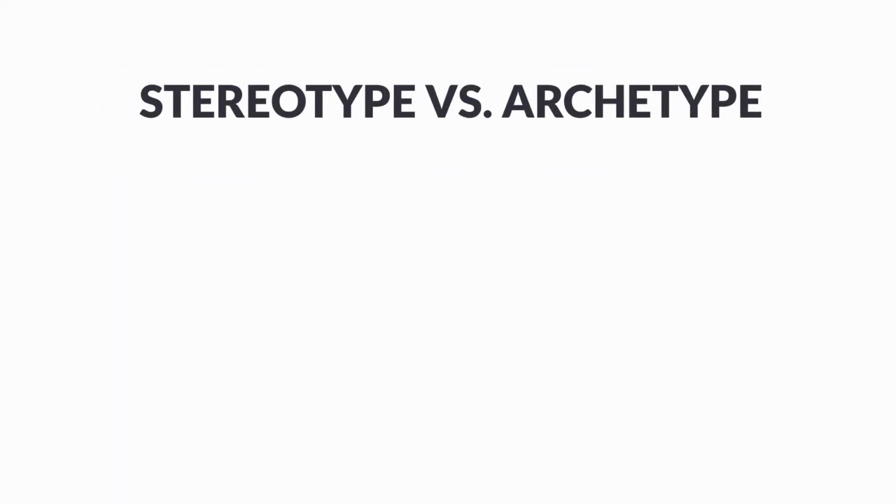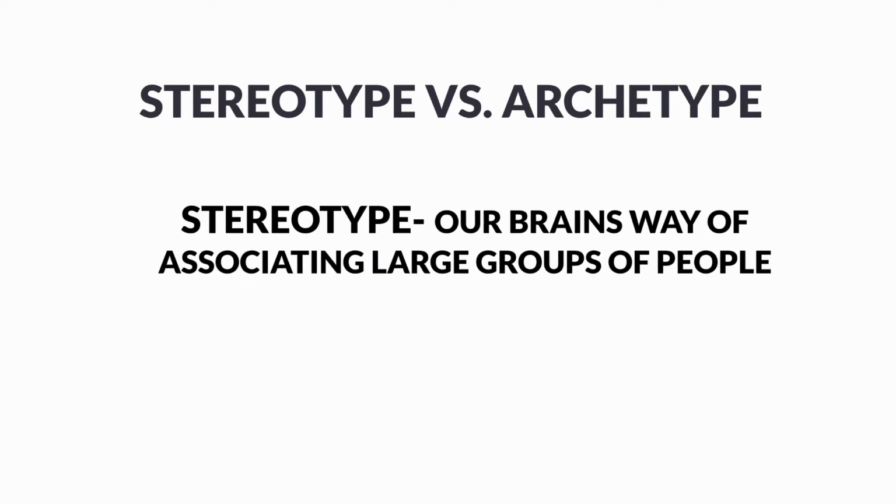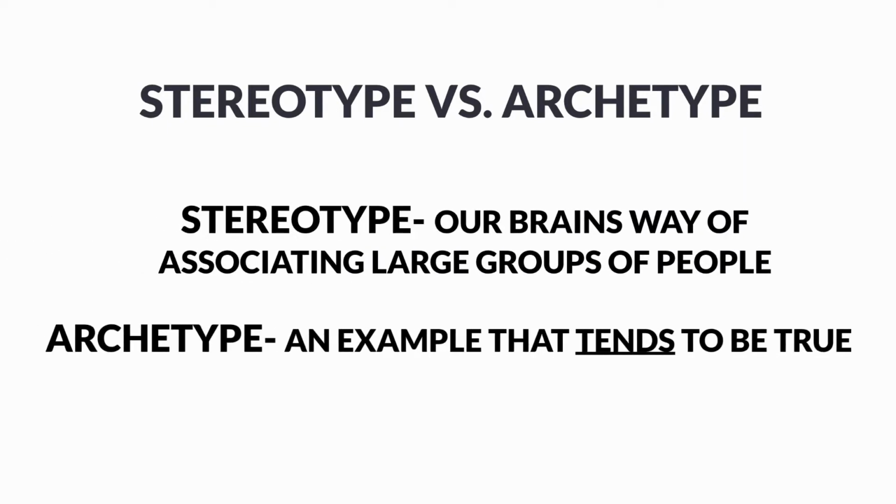But the big question I think that people will eventually come to is, okay, so aren't you just talking about archetypes? So I want to break down the difference between a stereotype and an archetype.